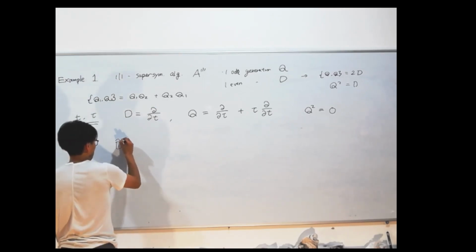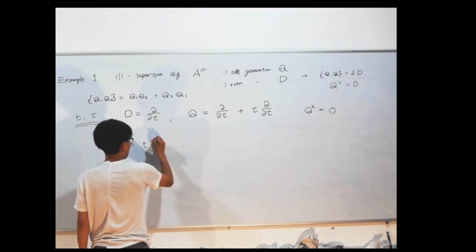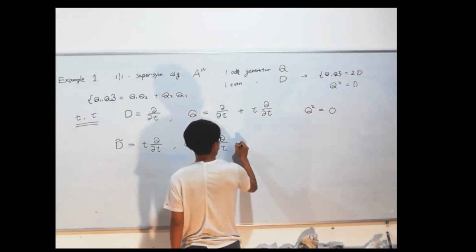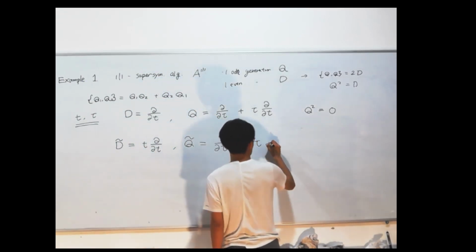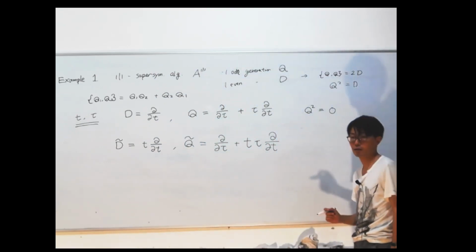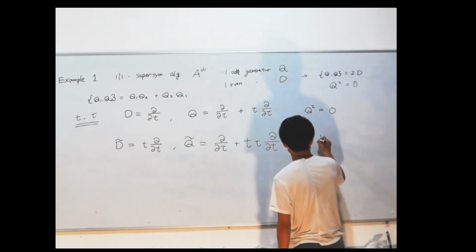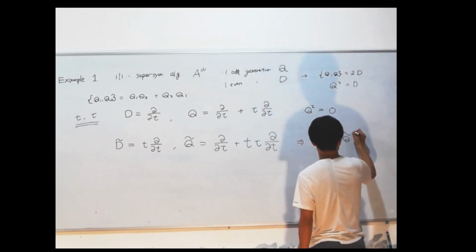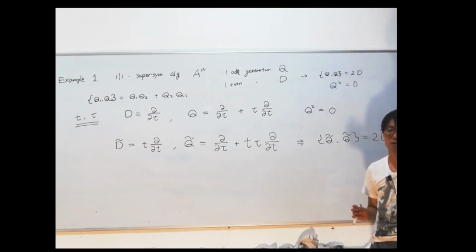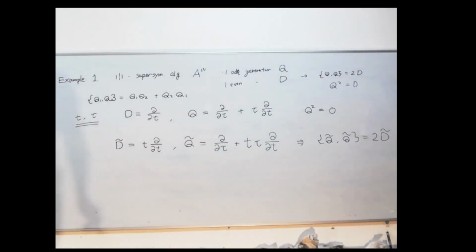Now I define the tilde by saying that T and then Q tilde is T tau d by dt. And then you can do a straightforward exercise. This also implies that Q tilde squared is twice D tilde. So this is also an honest representation of this algebra.